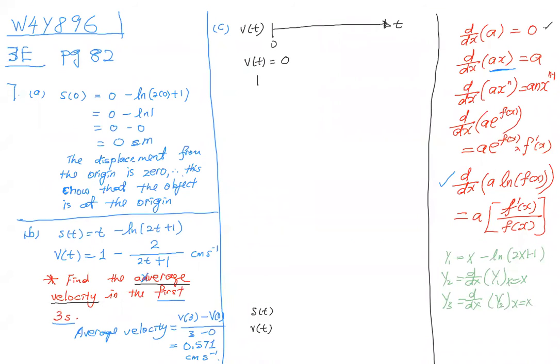So I have 1 minus 2 over 2t plus 1 equal to 0. So 1 equal to 2 over 2t plus 1. So 2t plus 1 is equal to 2, right? Cross multiply. So 2t equal to 1, so t equal to half.